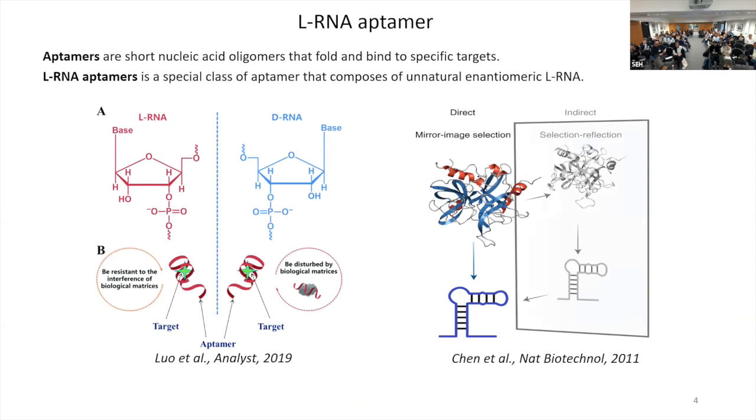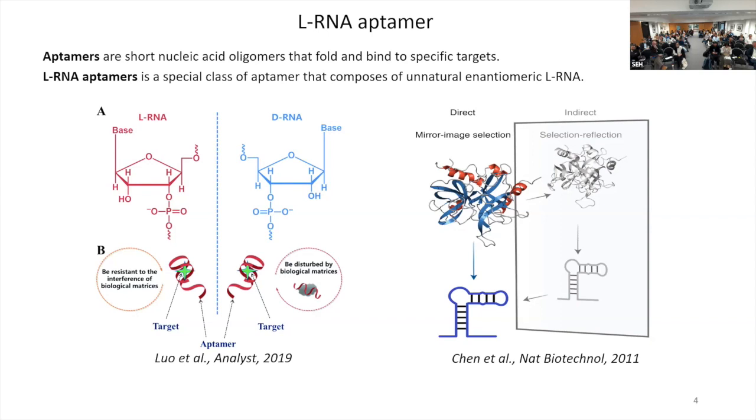So the L-RNA aptamer has been developed to target nucleic acid structures. L-RNA is the mirror image of D-RNA. It has the same physical and chemical properties, but it's highly resistant to nuclease degradation, and it can hybridize with DNA. So it can be developed for DNA or RNA targets.